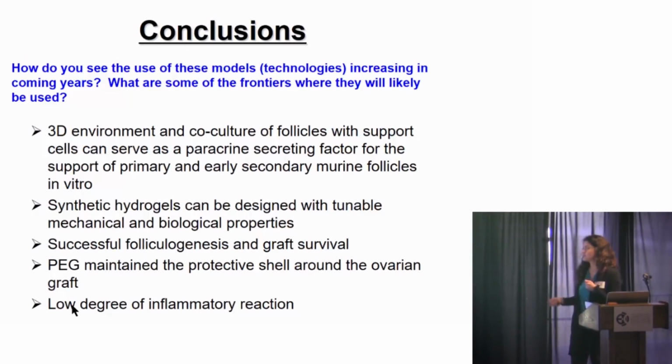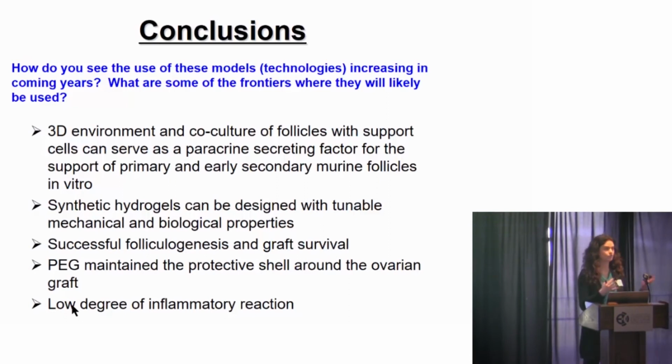So just to summarize, I wanted to show you that the 3D environment and co-culture follicles support the cells, and that you can control the degradation and really direct it towards the tissue that you're interested in. Synthetic hydrogels can be designed with tunable mechanical and biological properties.